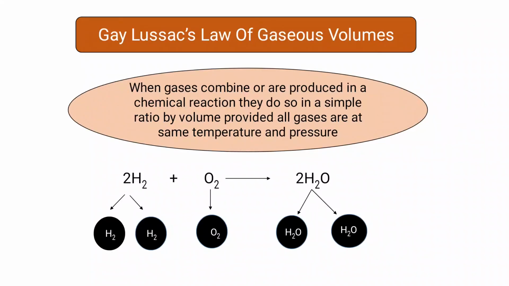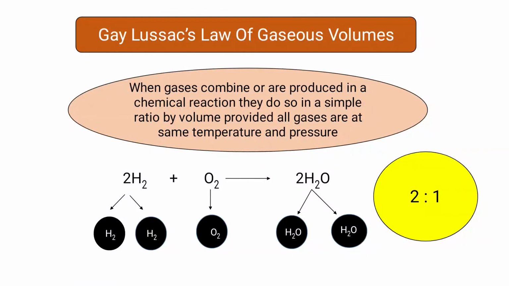The ratio over here is 2:1. So the ratio of hydrogen and oxygen, that is reactants, is 2:1. So the volumes of hydrogen and oxygen which combine together bear a simple ratio of 2:1. This is what Gay-Lussac's law of gaseous volume states.